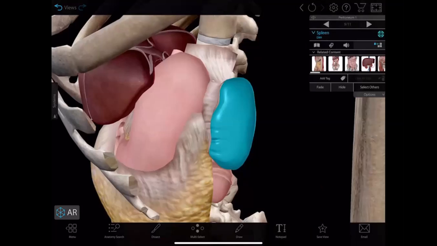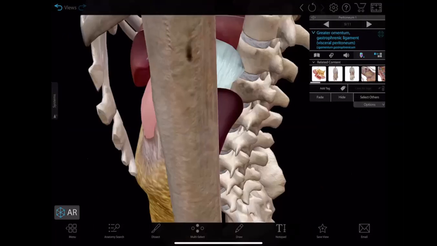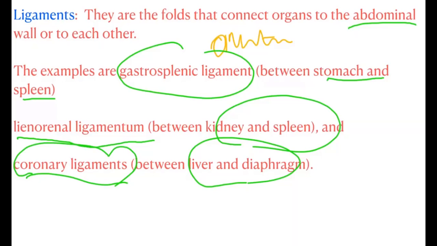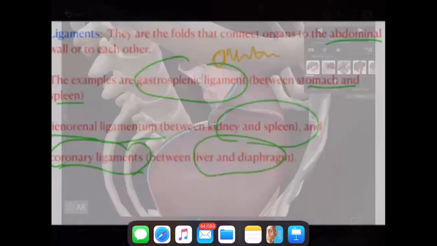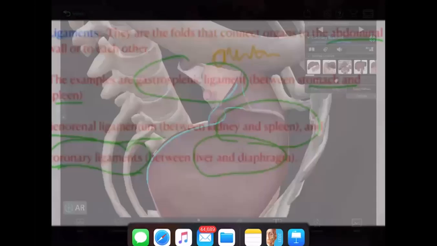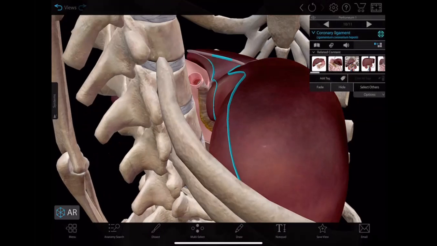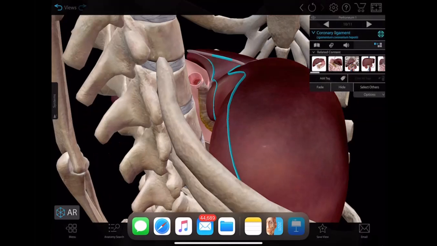Okay, so this is coronary ligament. We will cover that. Coronary ligaments, right, are between liver and diaphragm. You see, the selected structure is coronary ligament. This one is between liver and diaphragm. Liver is attached to the diaphragm with the help of the coronary ligament.